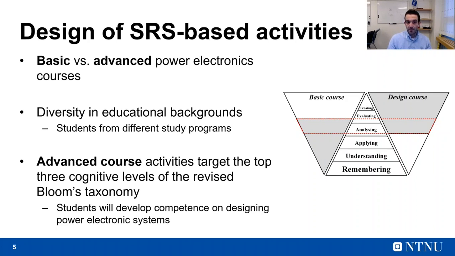However, there's also a basic course in the field of power electronics that is usually given in the 3rd or 4th year. With the basic course, that I'm also responsible for, I try to actually target the 4 bottom levels in the revised Bloom's taxonomy.